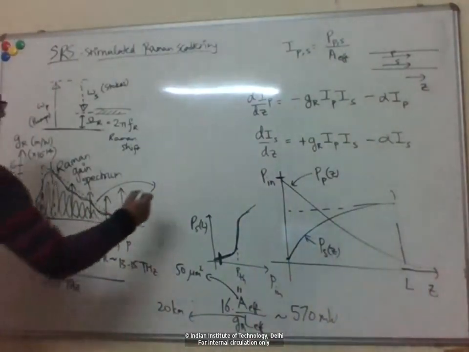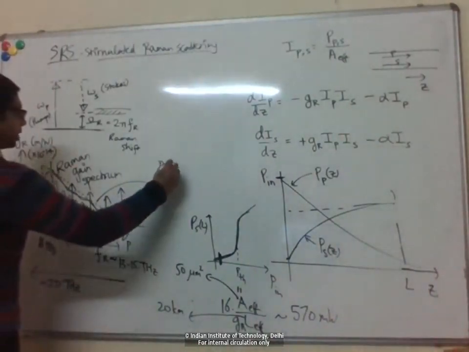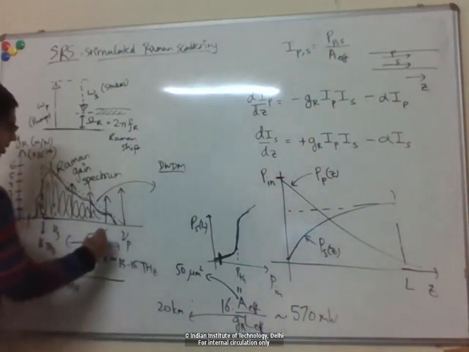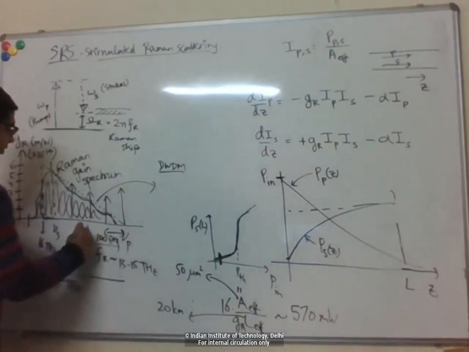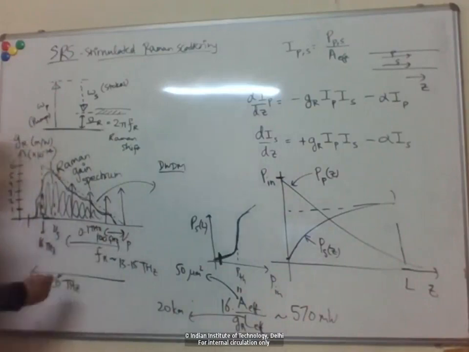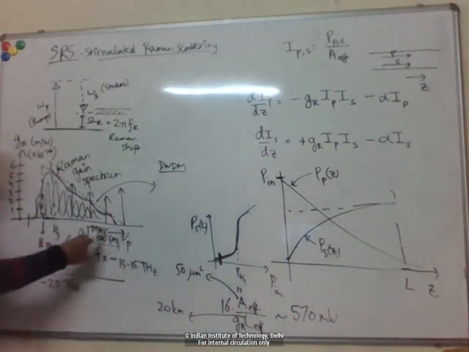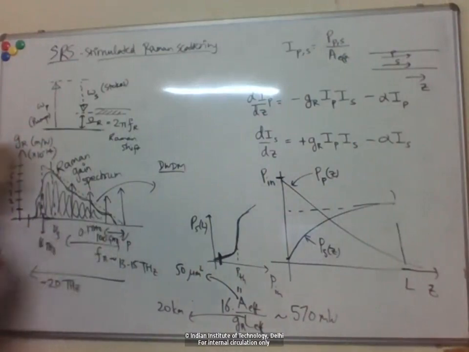So typically, let's say if you look at the typical DWDM grid used today, the frequency spacing between adjacent channels is 100 gigahertz, or 0.1 terahertz, right? Whereas this Raman gain spectrum you're talking about is about 15 terahertz.